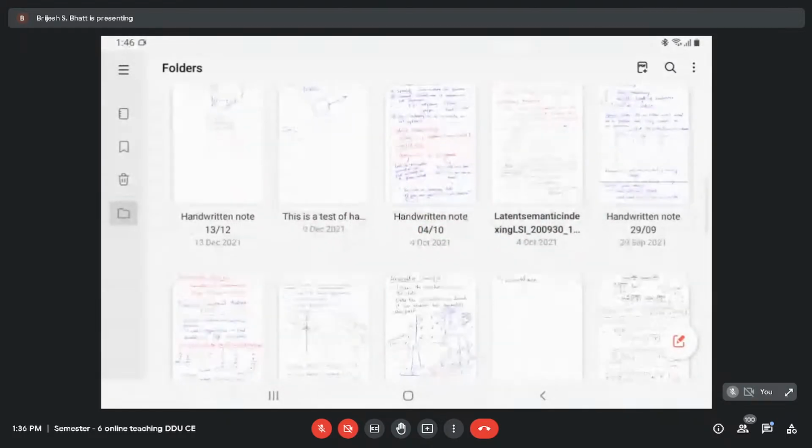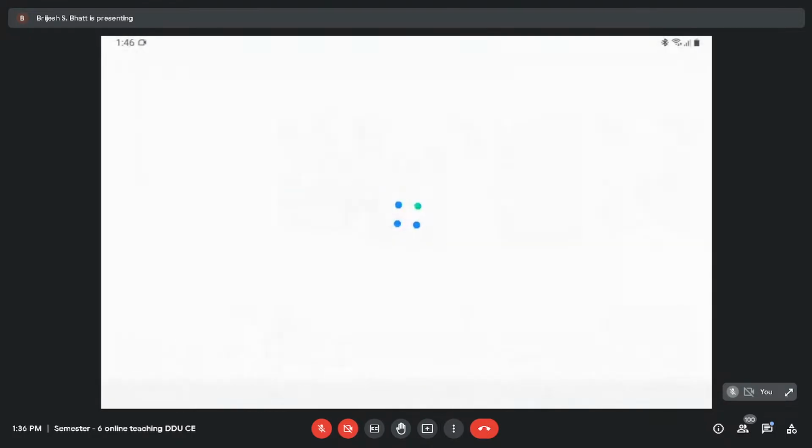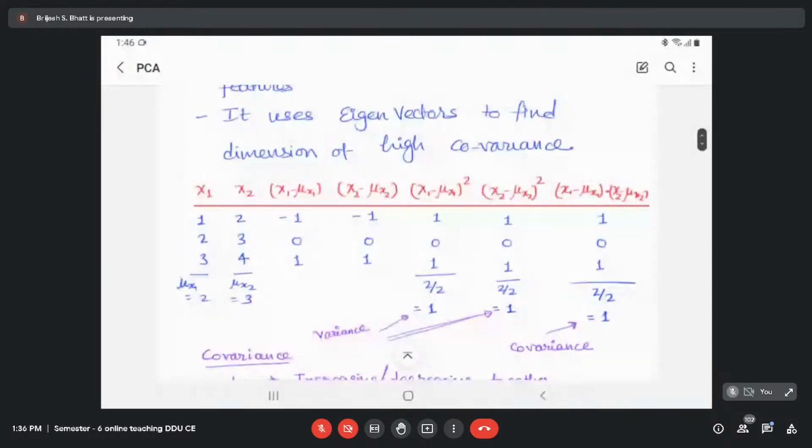We're talking about the PCA. So Priyank is asking about how to create covariance matrix.